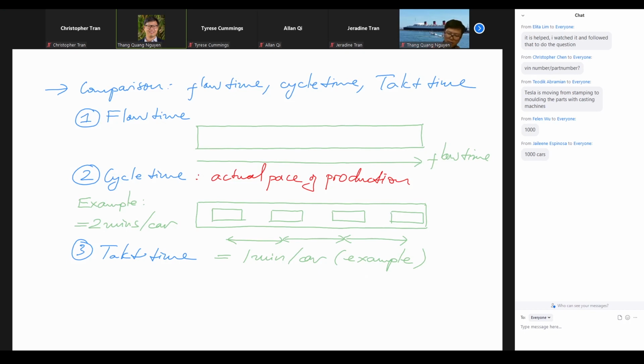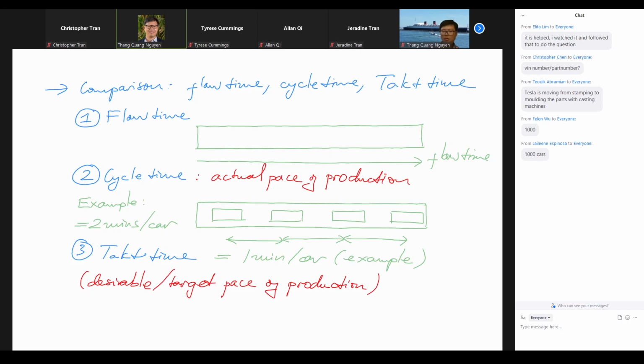The takt time is the desirable or the target pace of production. Right? We want our process to crank out 1 car every 1 minute, whereas the cycle time is 2 minutes per car.